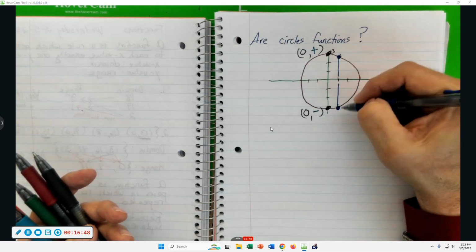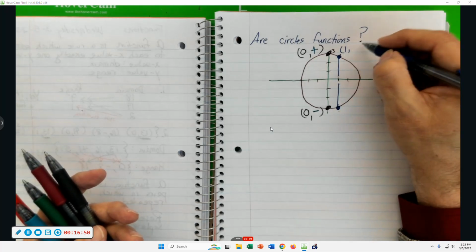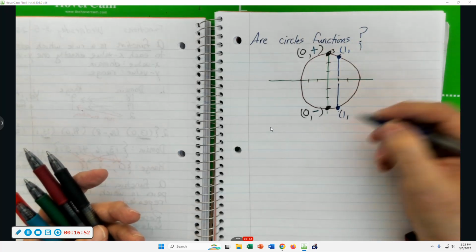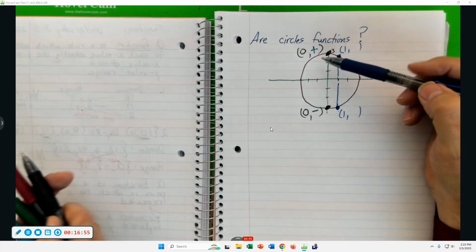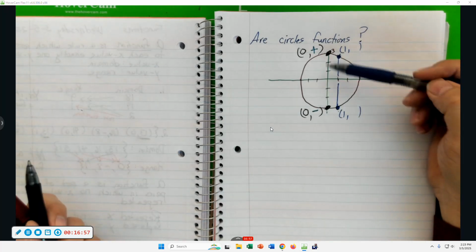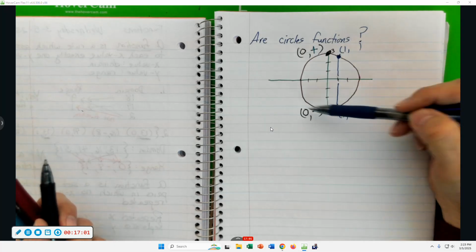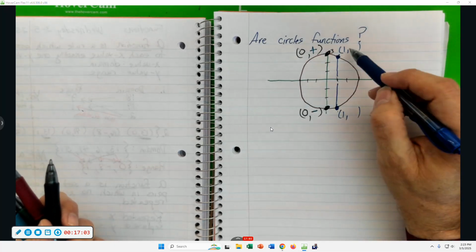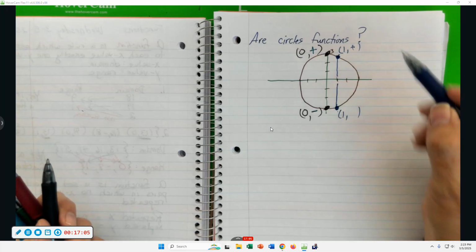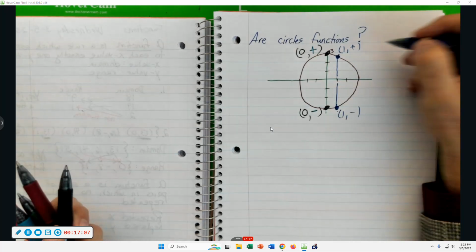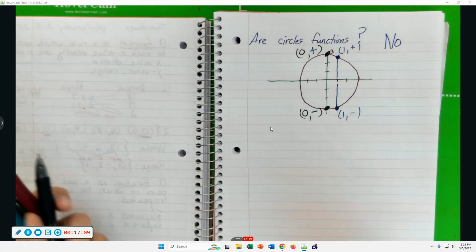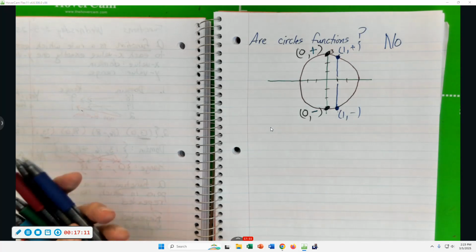So two ordered pairs with the same x value. All we need is one example of it, and we have it right here at 0: 0 comma positive and 0 comma negative. Same thing here, a 1 positive and a 1 negative. So what did y'all say for this? No, circles are not functions.